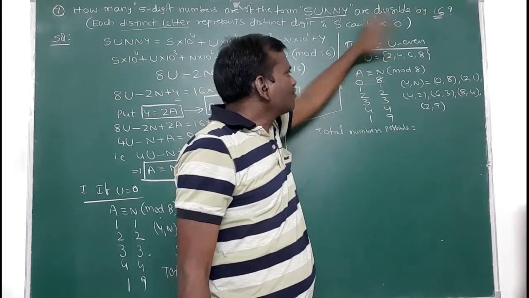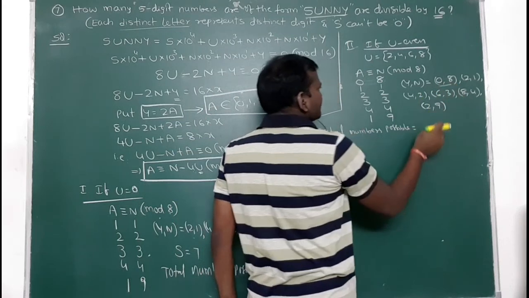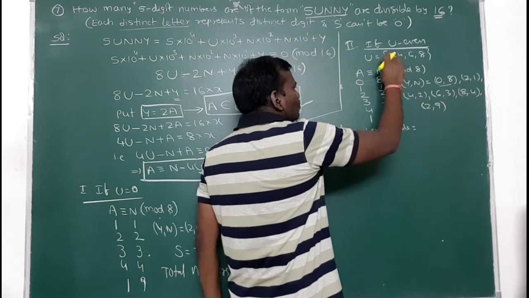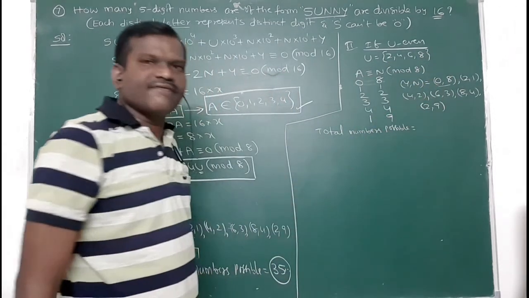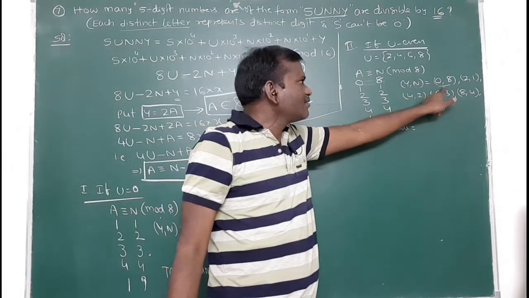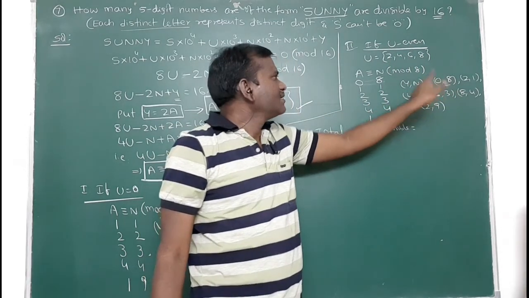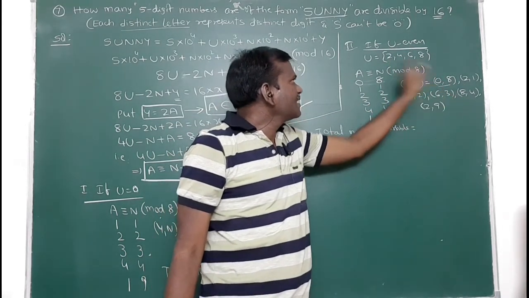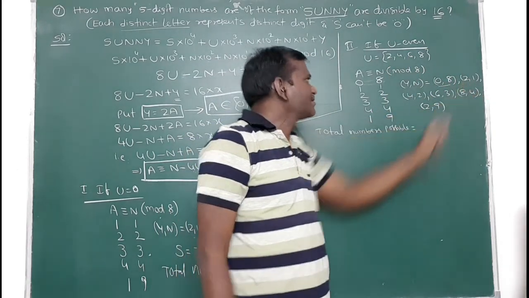If u is 2 and 0, 8 are taken, how many possibilities are there for s? Here 0 is already used, so 3 digits are over, and 7 possibilities are there here. If this is taken, only 6 possibilities. 0 cannot be used as x.